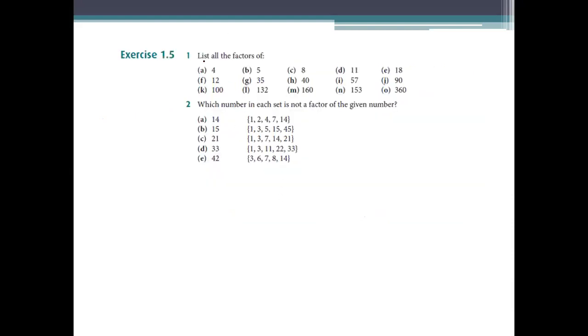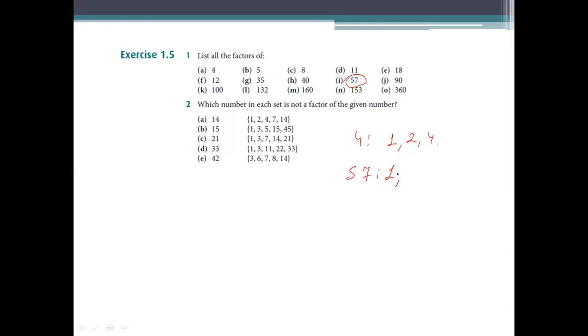So exercise 1.5, list all the factors of 4. The first factors of 4 are 1 and 2, and the last one is itself. And for example, 57. 57 is divisible by 1.